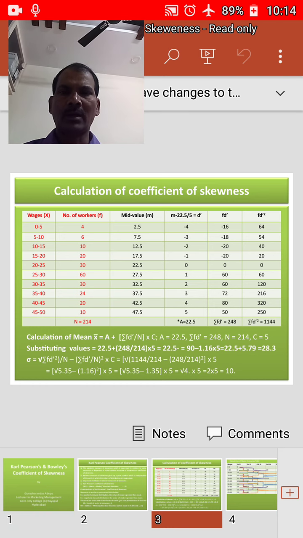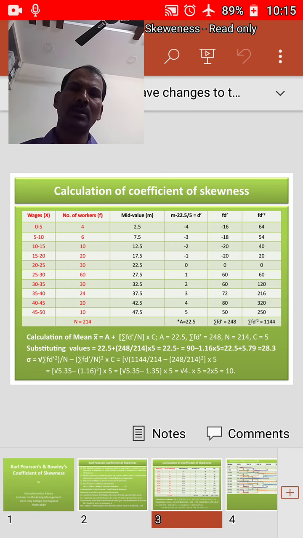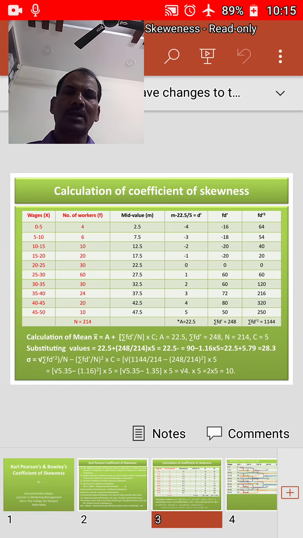The information given by the examiner is indicated in red, and the solution is in black. First, we need to find the mid value for the given wages. The mid value is upper limit plus lower limit by 2: 0 plus 5, 5 by 2, 2.5. The second class, 15 by 2, 7.5.